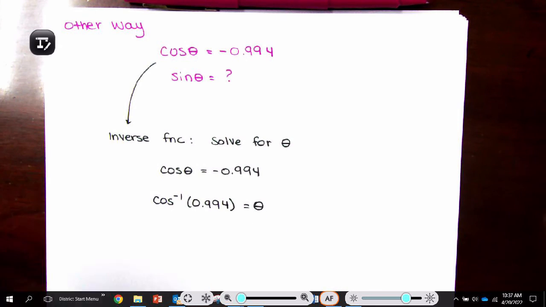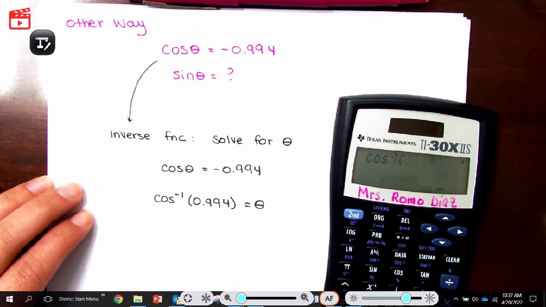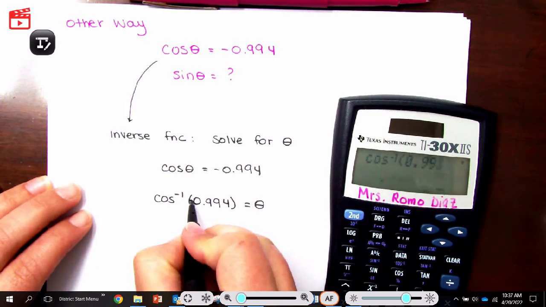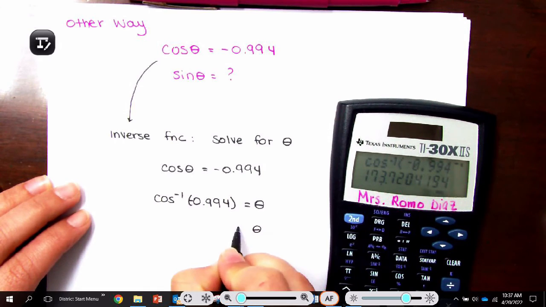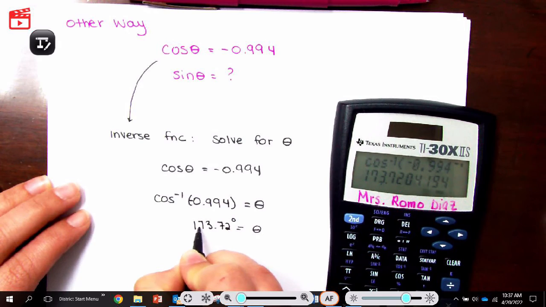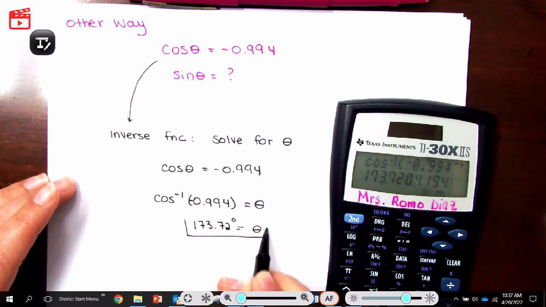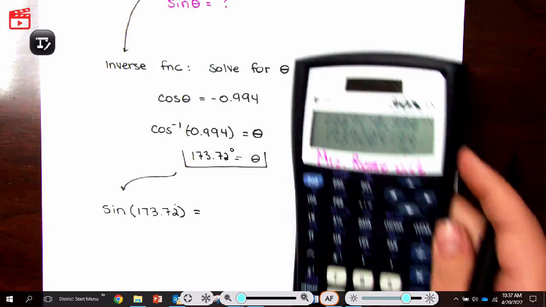The good thing about this is that we can use our calculator. So inverse cosine of negative 0.994, almost forgot the negative, that's going to change this a lot. I'm going to press enter, and that means theta is equal to about 173.72 degrees. Again, that's not what it's asking us. So I'm going to take sine of 173.72 degrees and plug that into the calculator.